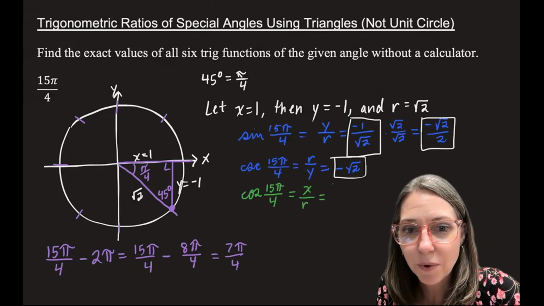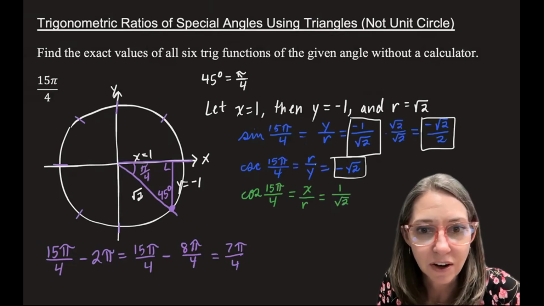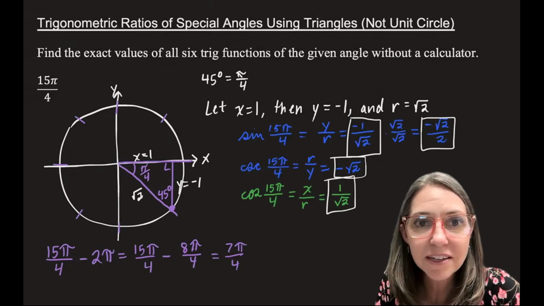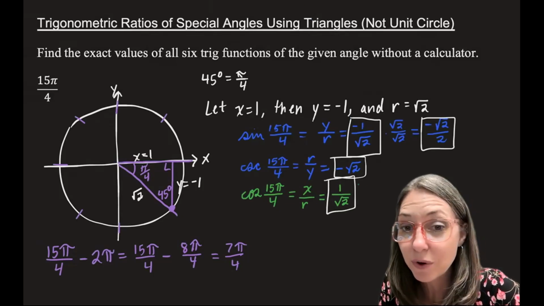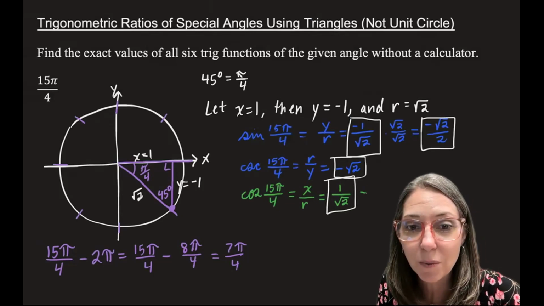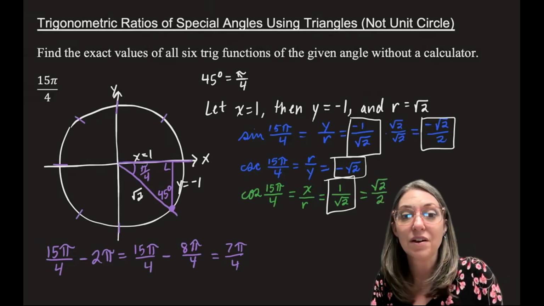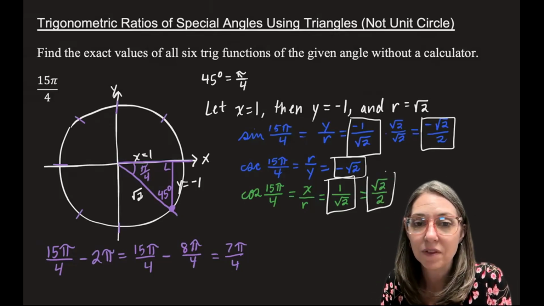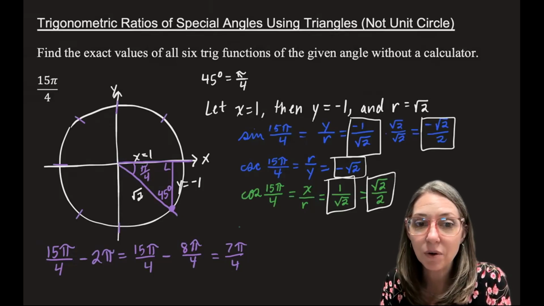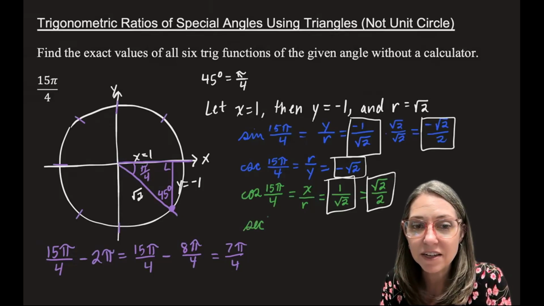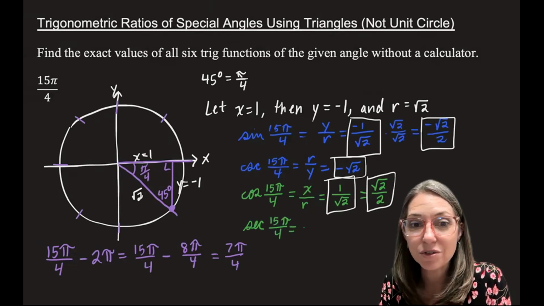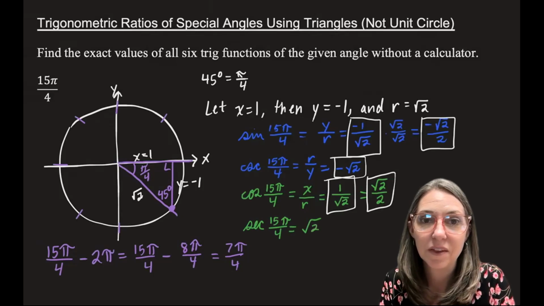X is 1, so we have 1 over the square root of 2, which is fine. Or if you need to rationalize, same work as up here, multiply by root 2 over root 2, and we get positive root 2 over 2. So there's cosine of the angle. And to find its reciprocal, secant of 15 pi over 4 would be the reciprocal of 1 over root 2, which is just root 2.